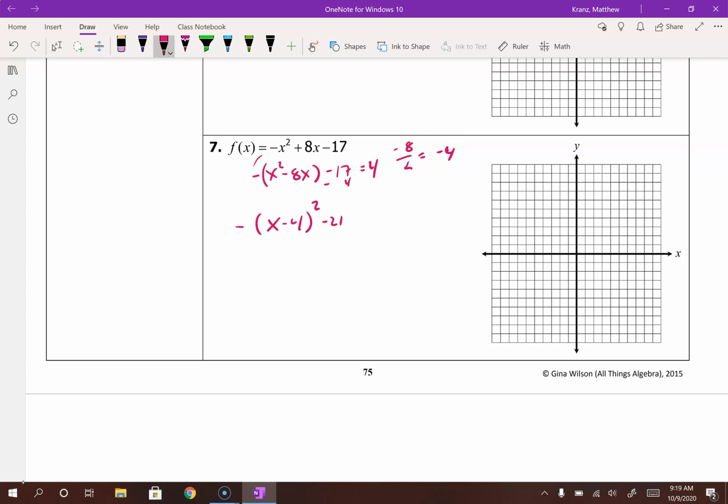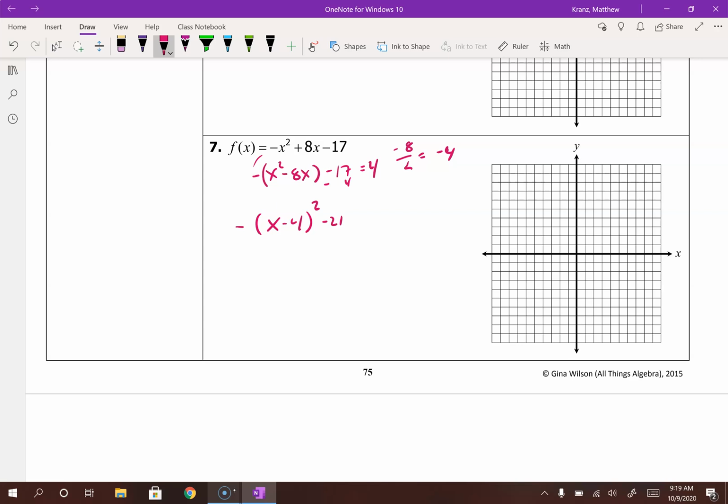So that means that my vertex would be at -4, -21. Oops, not negative 4.